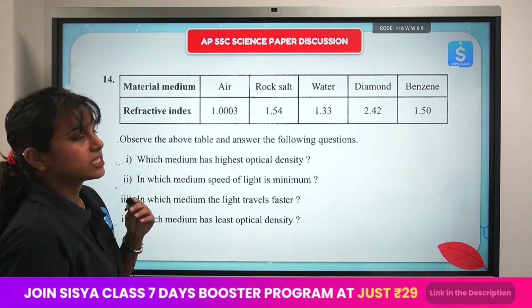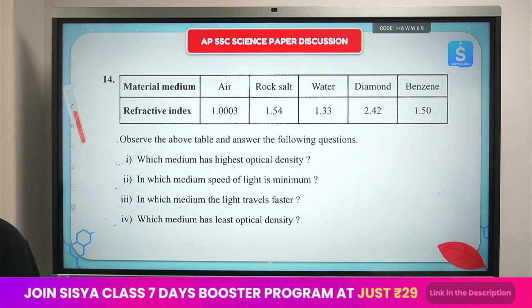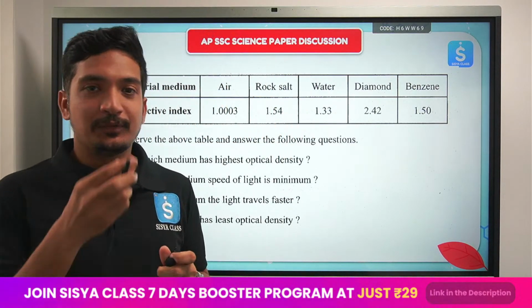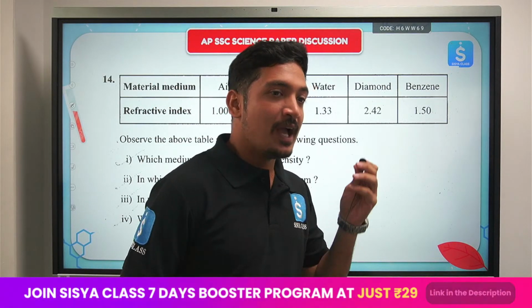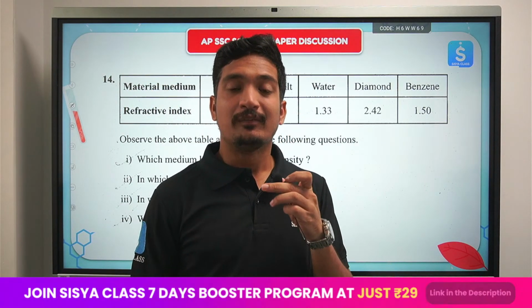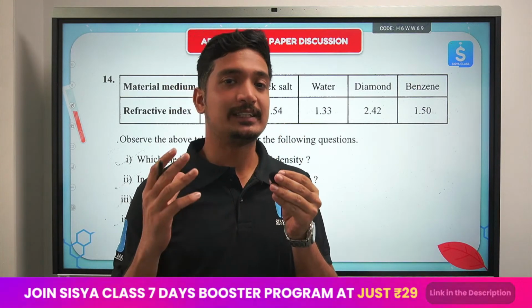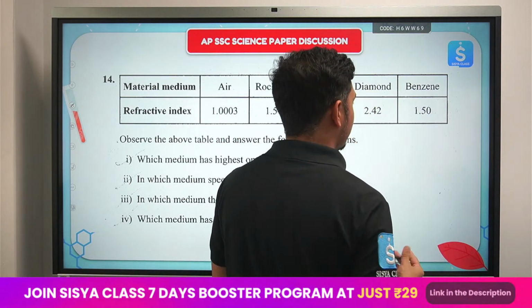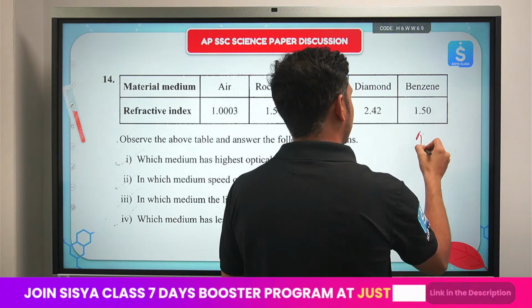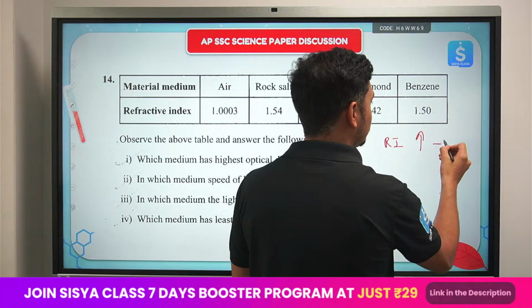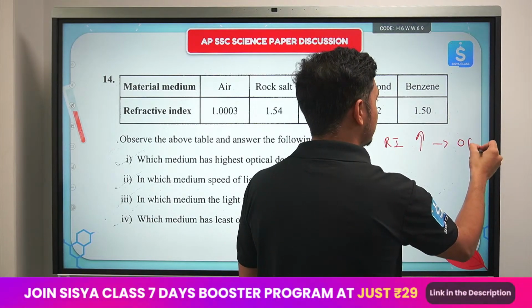This is the physics part. Hello once again. Here we are going to solve this question. It's all about refractive index. Before we solve this question, we'll quickly understand the idea of refractive index. The higher the refractive index is, the higher the optical density will become.